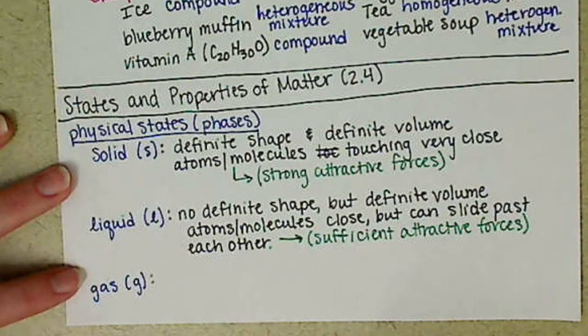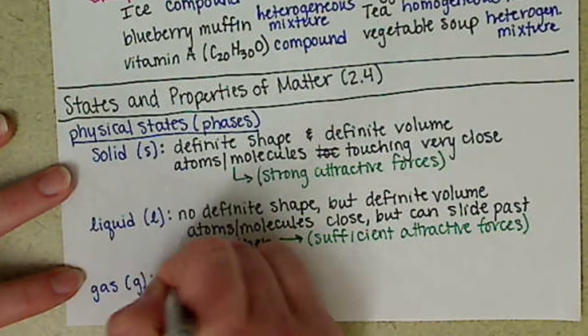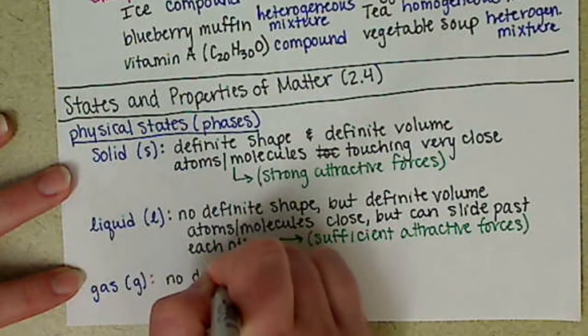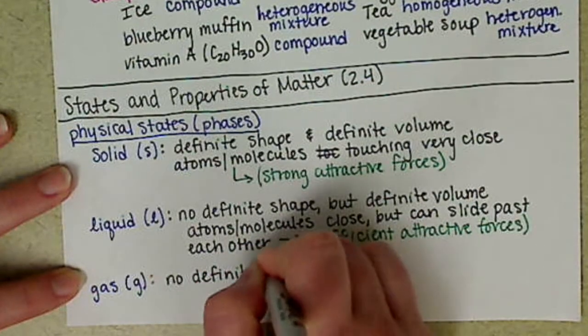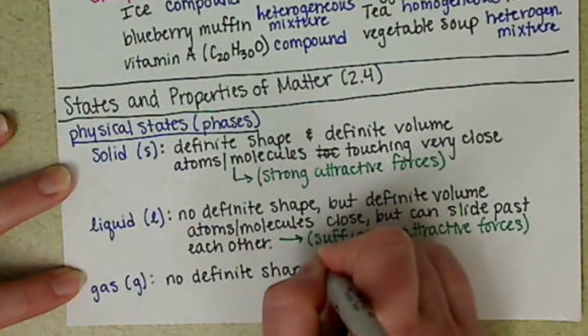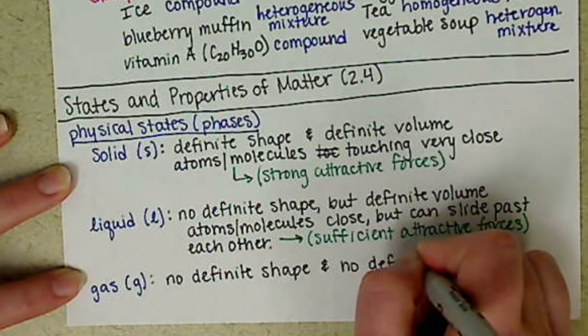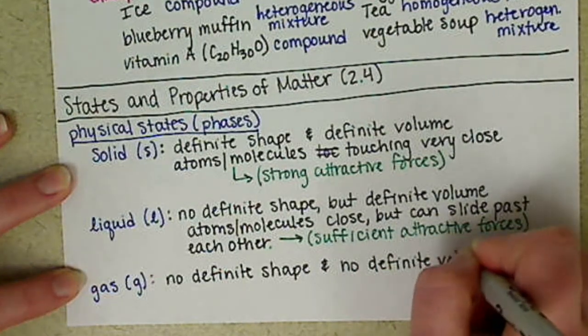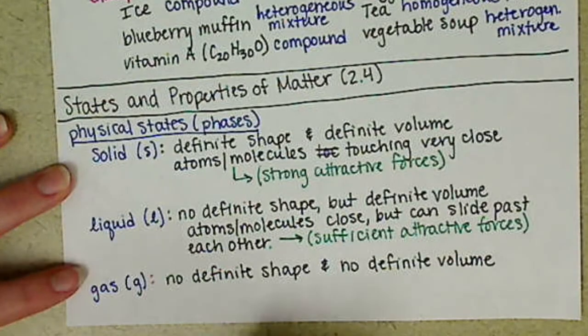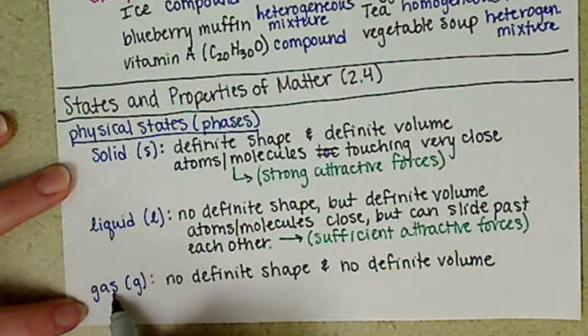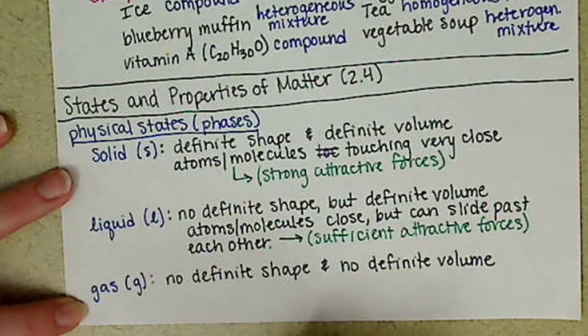Gases are completely different. They basically have no definite shape and no definite volume. In a gas, our atoms or molecules are as far apart as possible.